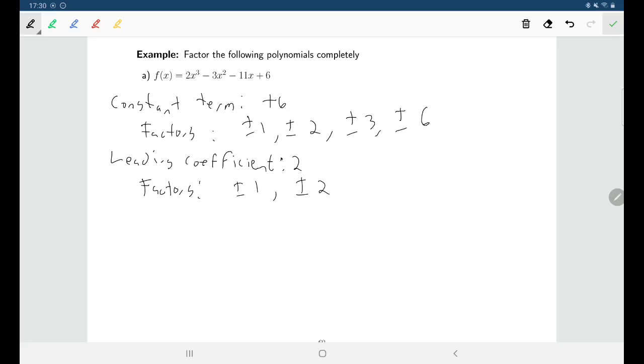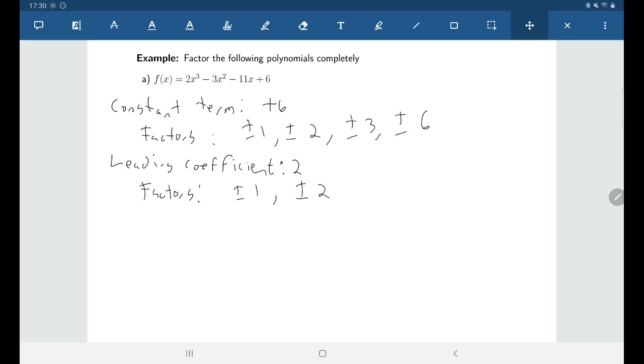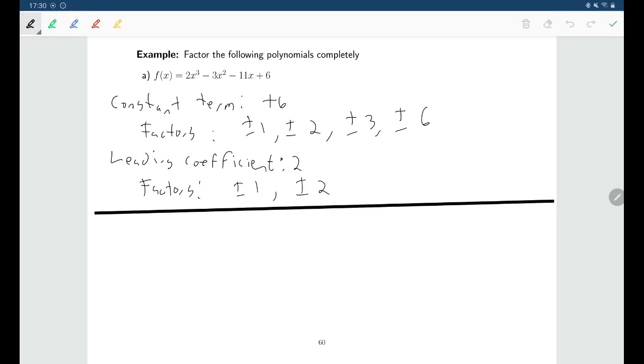And so that tells us then that possible rational zeros would be anything of the form factor from the constant term over factor from the leading coefficient.